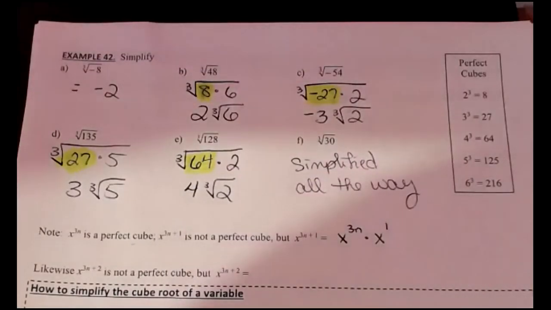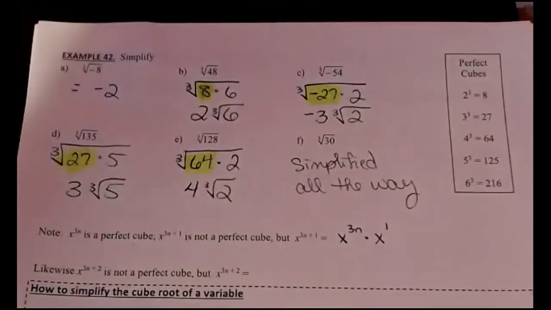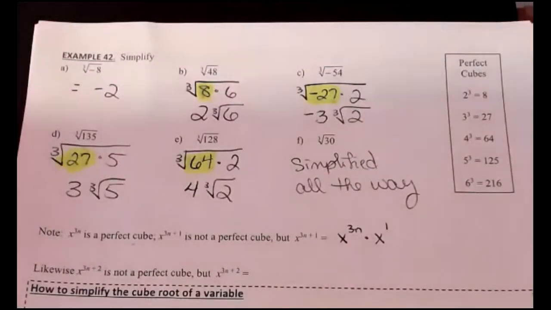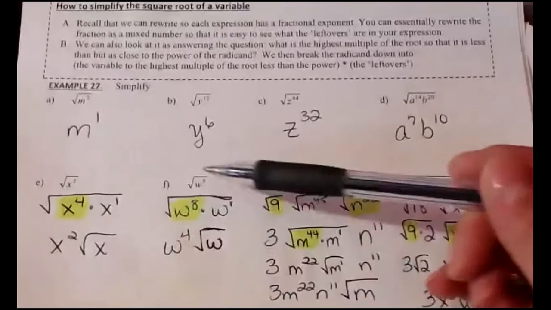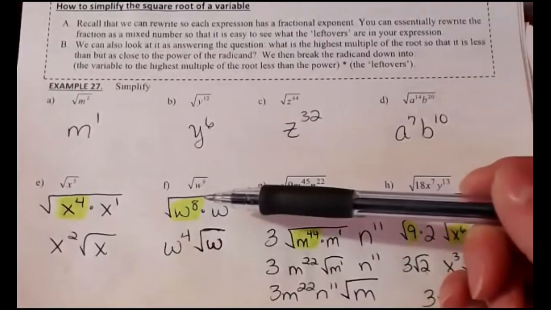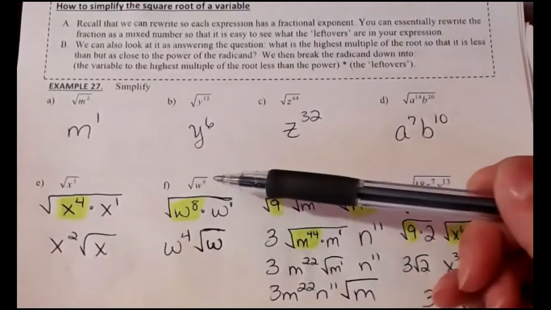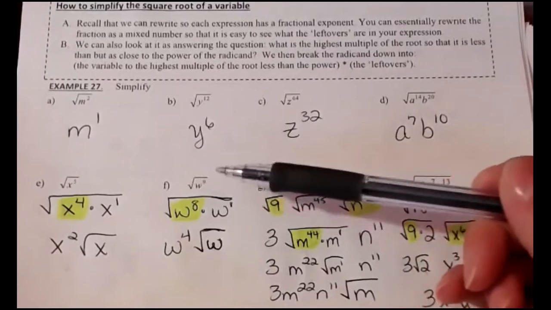Let's look at, we've done this like so many times. Here we go. Take a look at page 13. Let's look at part F. This is super, super clear. When we had this square root of w to the 9th, we knew that 2 couldn't go into 9, but we knew that 2 could go into 8.